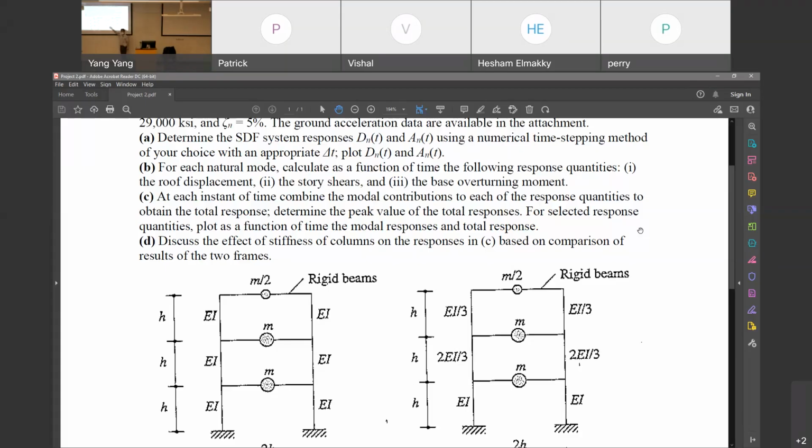Combine them, you just use the modal shape matrix times Y1, Y2, Y3, as we did in the example. Does that make sense? Please read your textbook. Please read your textbook. By reading your textbook, this project can be done very easily. So this is a project.